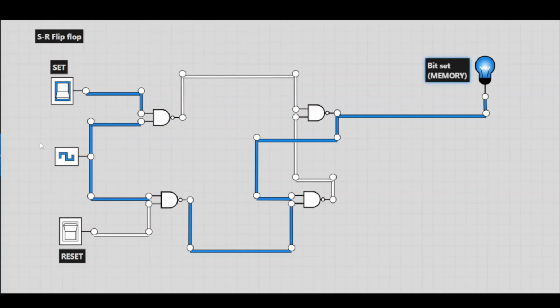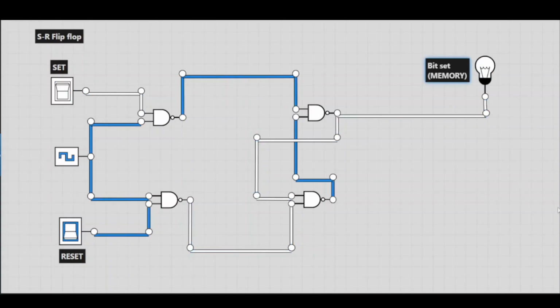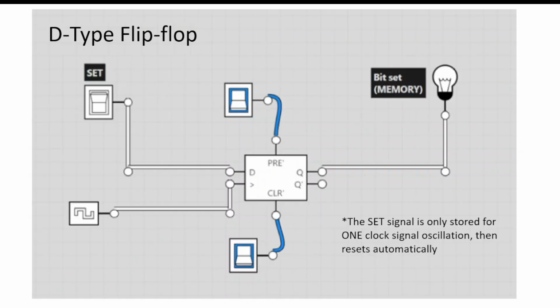And it doesn't matter if I leave that set high, it's not going to try to save another bit of data. And I'm going to go down there and I'm going to reset it. So an interesting application. Remember, the clock signal is what dictates when this system will save the bit. And that's sending it into memory.